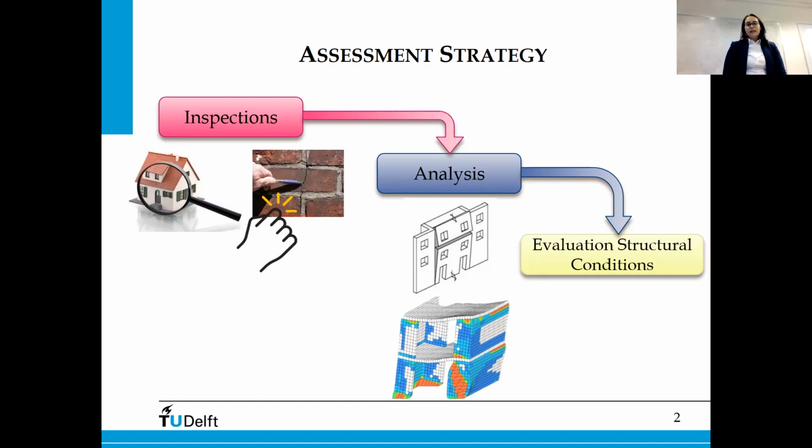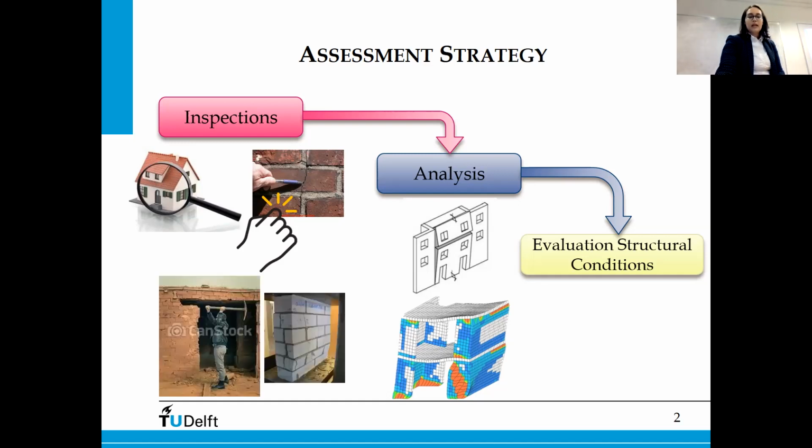The problem with these advanced computational methods is that if you want to fit this model, you actually need to take quite some samples from your building and even test them until they break. And this is of course not always possible.